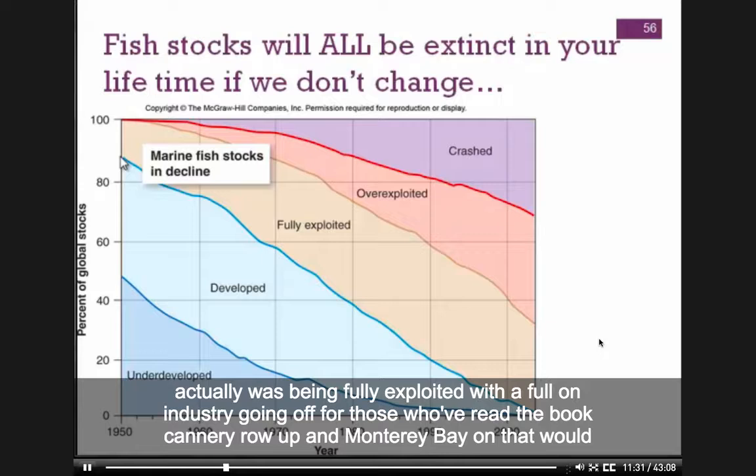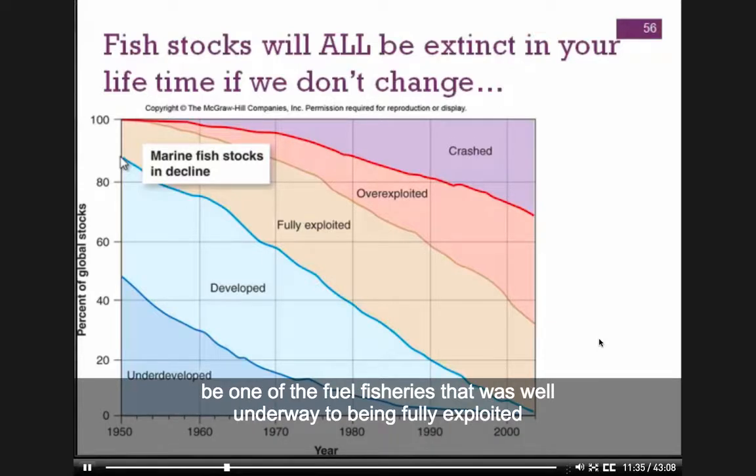For those that have read the book Cannery Row up in Monterey Bay, that would be one of the few fisheries that was well underway to being fully exploited.